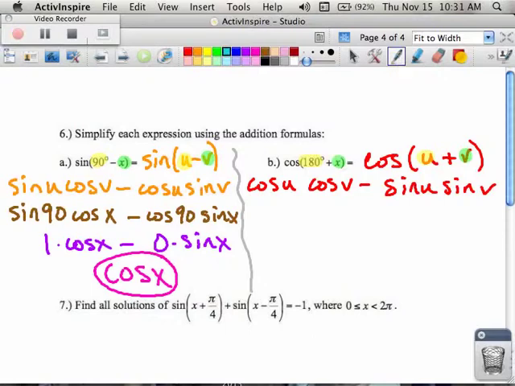If I rewrite that using my angles, I have the cosine of 180 times the cosine of x minus the sine of 180 times the sine of x.